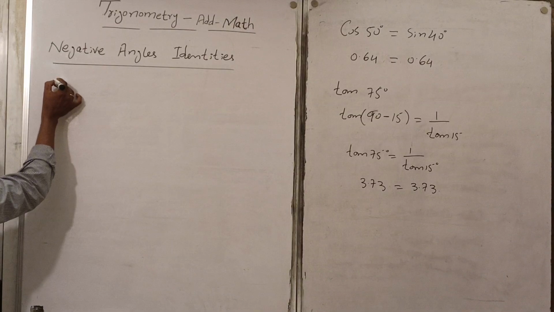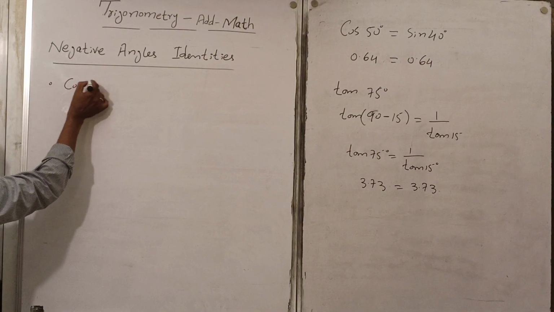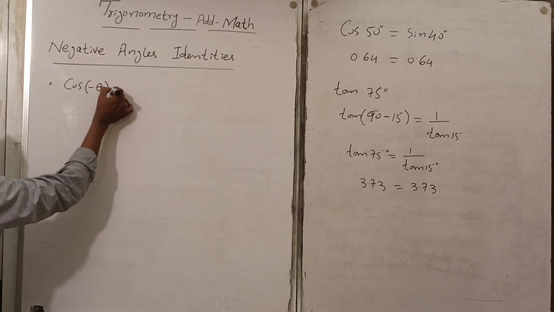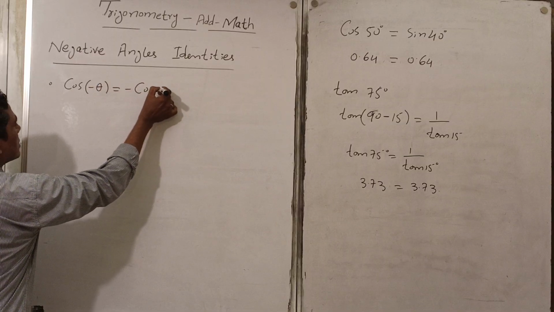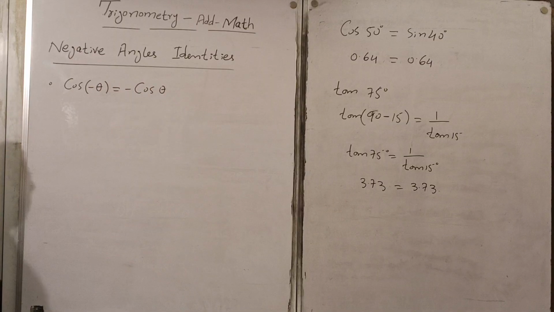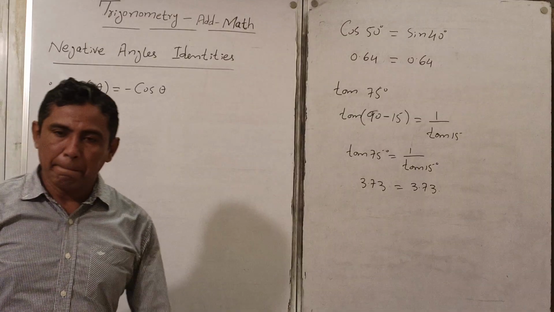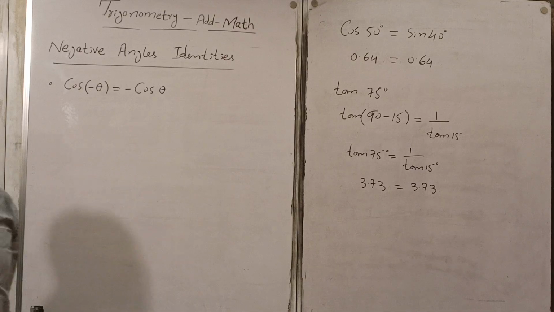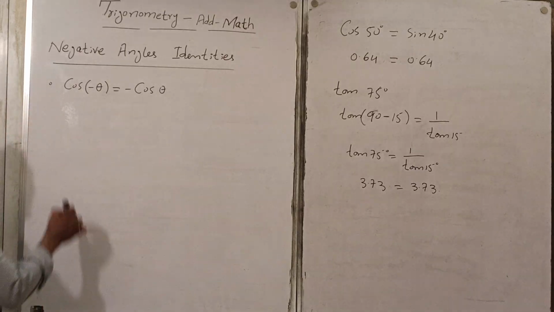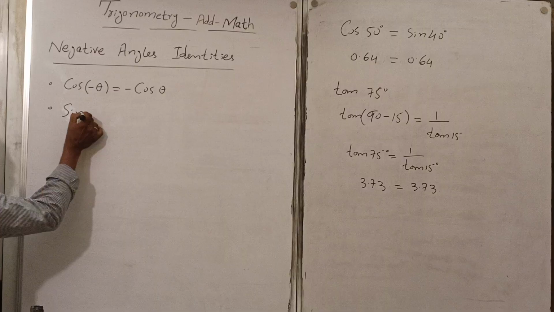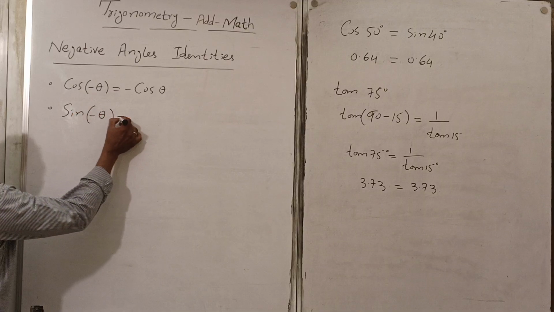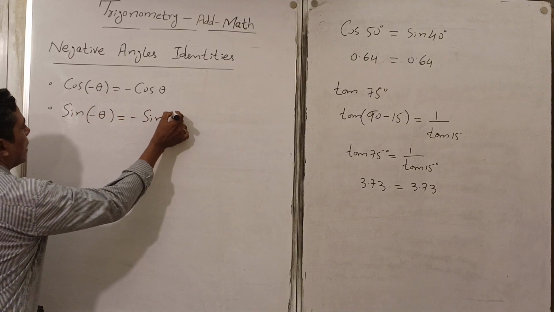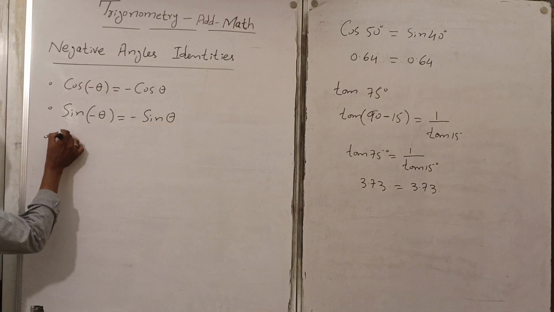Cos minus theta equals cos theta. Similarly, sin minus theta equals minus sin theta, and so on.